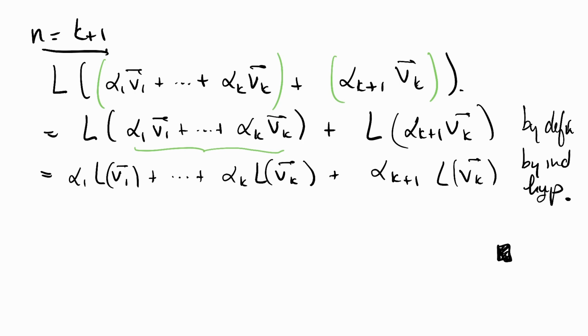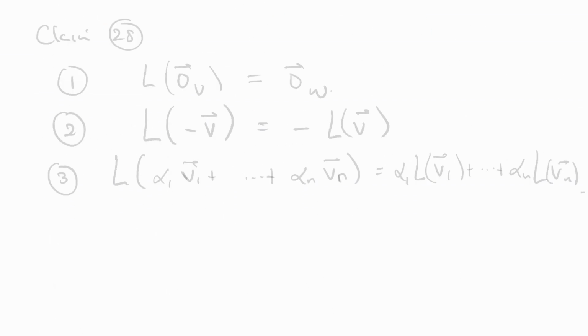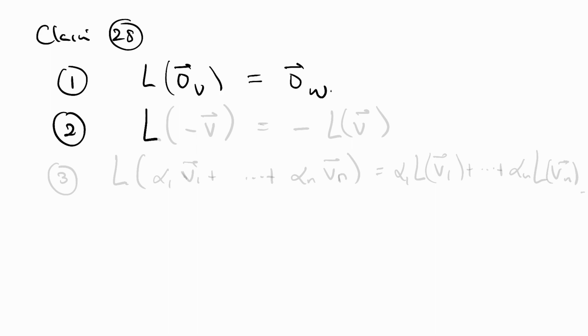Okay. Here's what we've shown. Claim 28. 1. A linear transformation sends 0 vectors to 0 vectors. 2. A linear transformation sends an additive inverse to the additive inverse of the linear transformation applied to that vector.